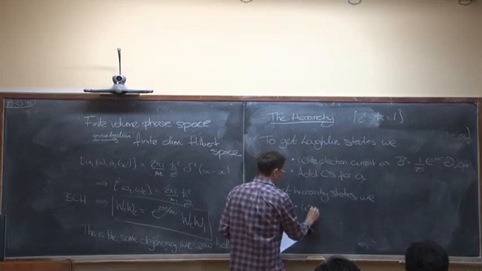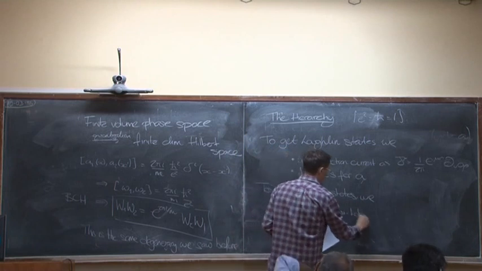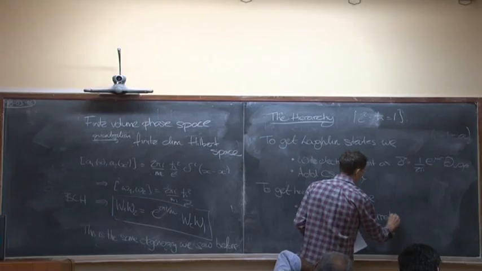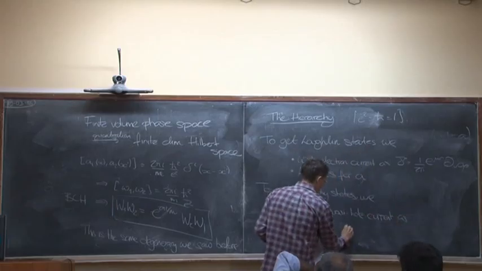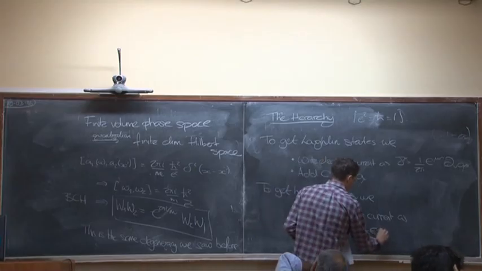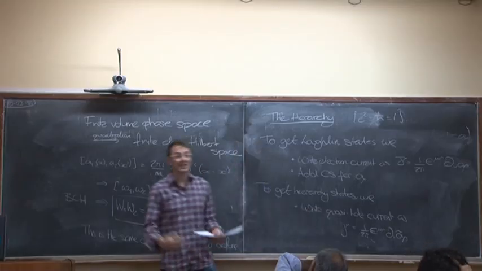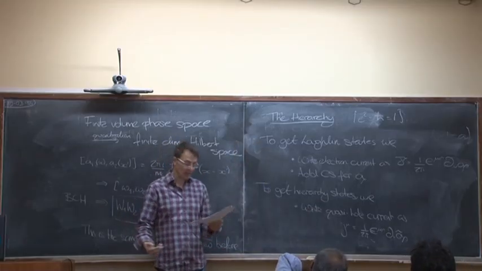So we write the quasi-hole current as j^ν = (1/2π) ε^{νμρ} ∂_μ ã_ρ, where ã is a new second emergent gauge field.